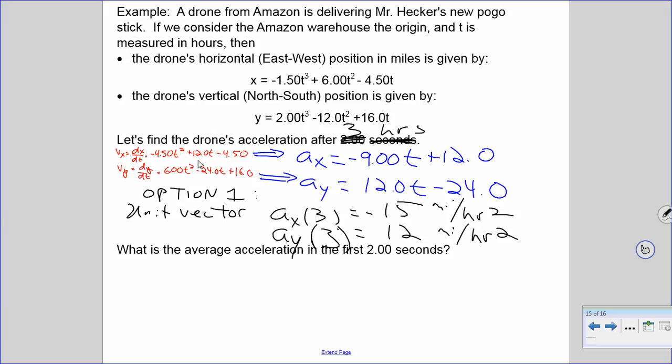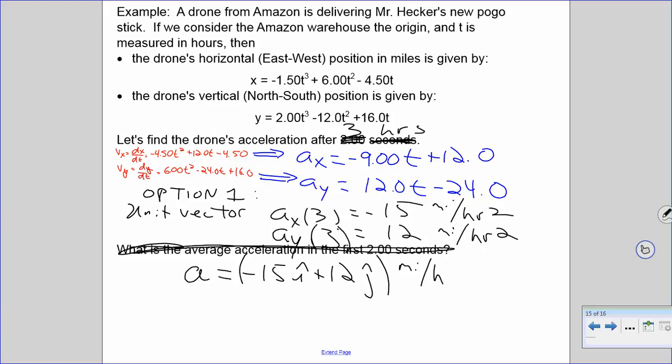So my acceleration then is negative 15i plus 12j miles per hour squared.